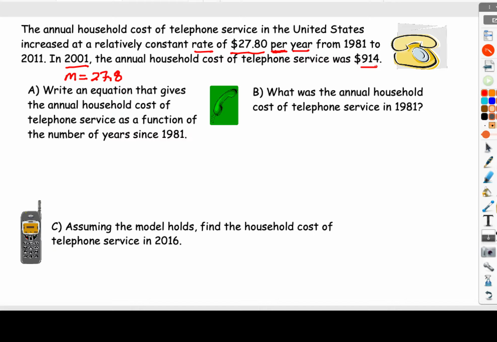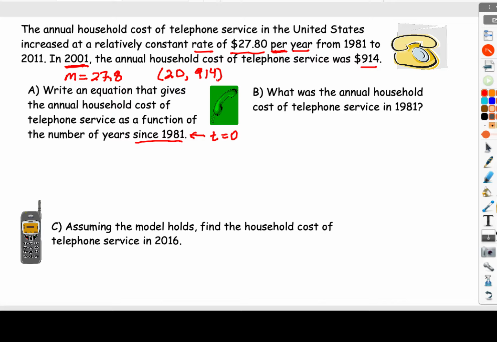Let's write an equation that gives the annual household cost of telephone service as a function of the number of years since 1981. Well, that means that 1981 is going to be year t equals 0. And when we go back, 2001 then is 20 years later. That means that in year 20, we've got a household cost of $914, grand total, right?